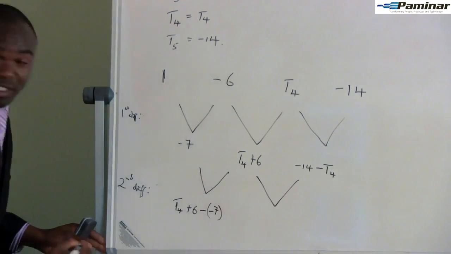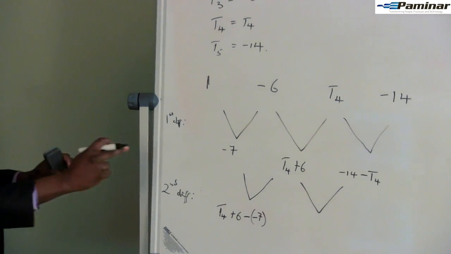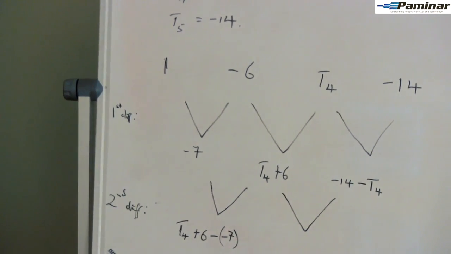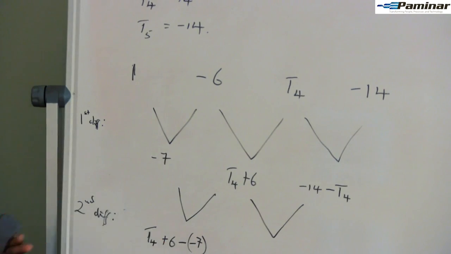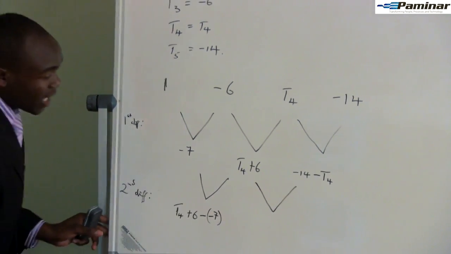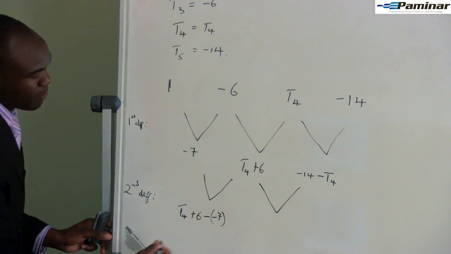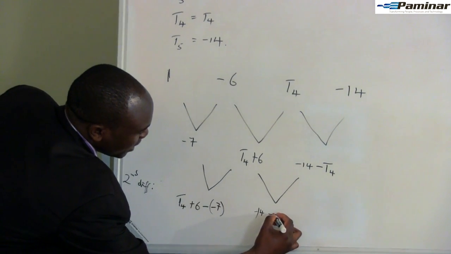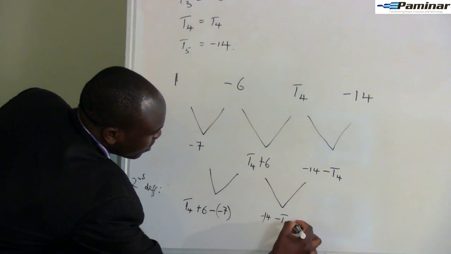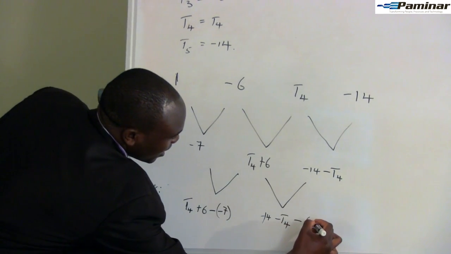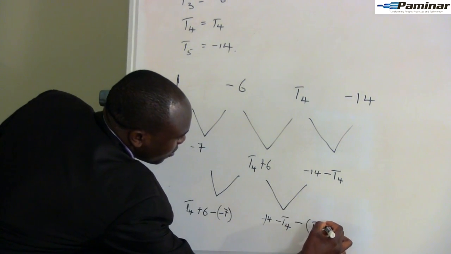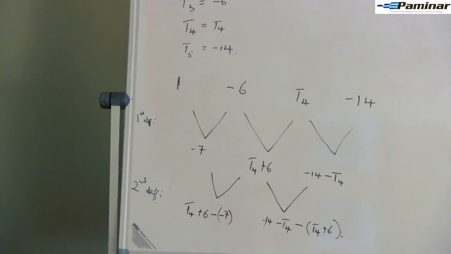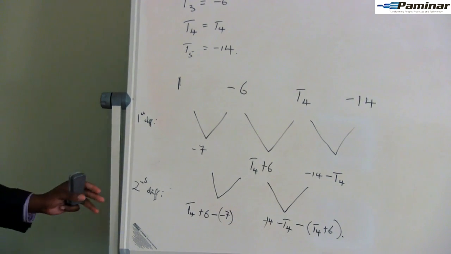Always keep in mind not to make a mistake in deductions when you are given negative signs like this. And then also here we say -14 minus T4, minus, and then T4 plus 6. Are you following? Okay.